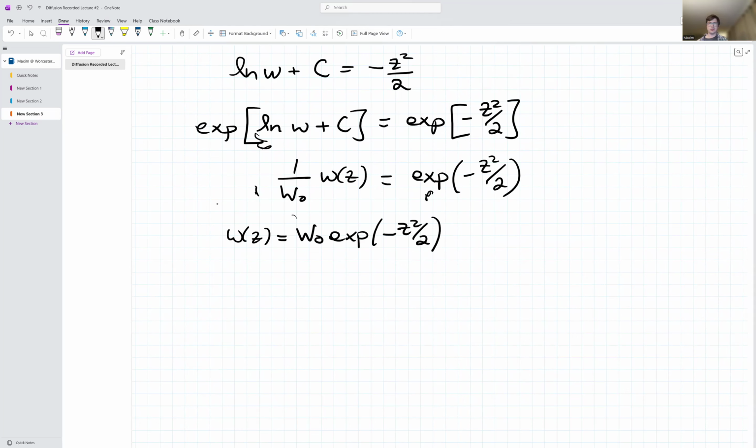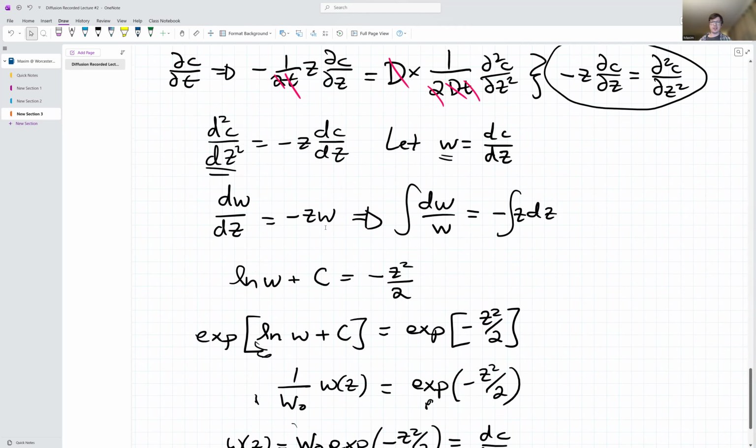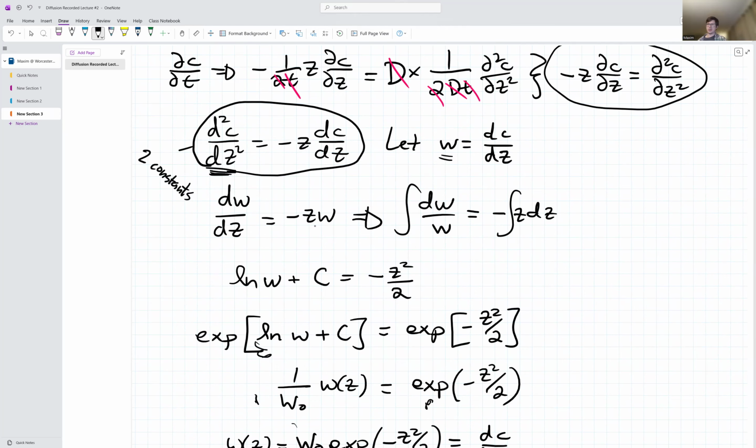Now, the last thing to do to get the full solution is to recognize that this W was dc/dz, the first derivative of the concentration. Whenever you have a differential equation, an equation with derivatives, if you have two derivatives in it, like this original equation, then when you solve it, it will always have two arbitrary constants in it, set by initial conditions or boundary conditions.